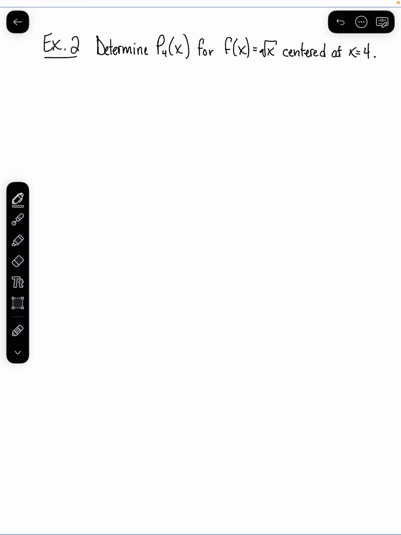This time, we're going to do a 4th degree Taylor polynomial, and we're going to do it for still a relatively simple function, but certainly less friendly of a series of derivatives. f of x equals the square root of x, and instead of centering at 0, we're going to center it at 4.